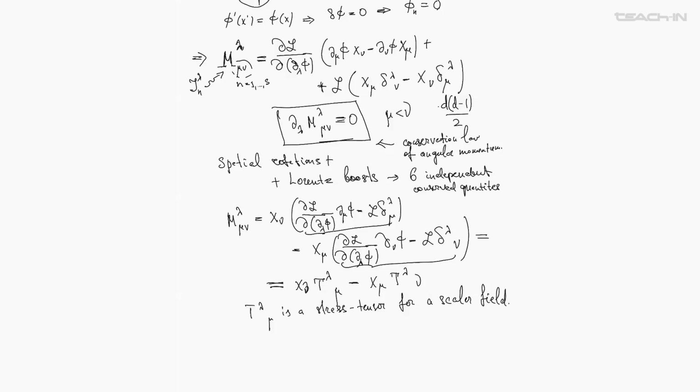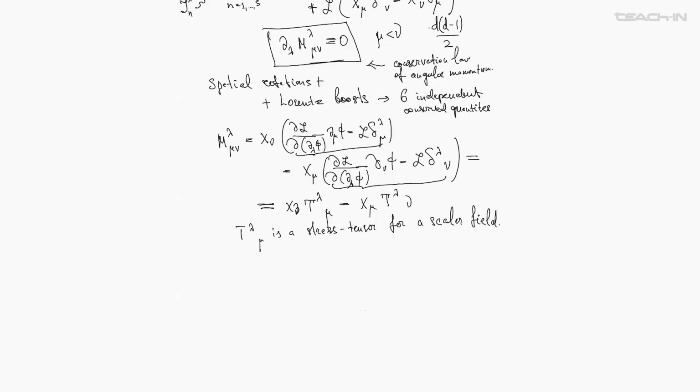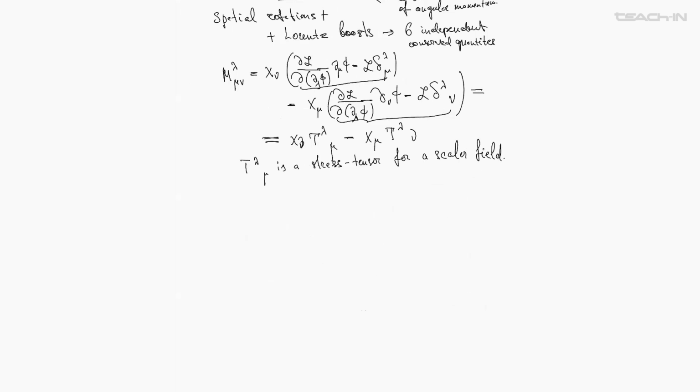So what does it imply? If I compute the divergence, I write ∂_λ M^{λμν}, and substitute this representation here, x^ν T^{λμ} minus x^μ T^{λν}.